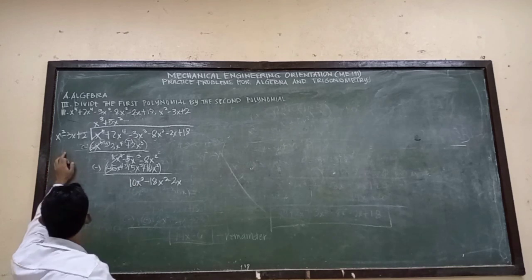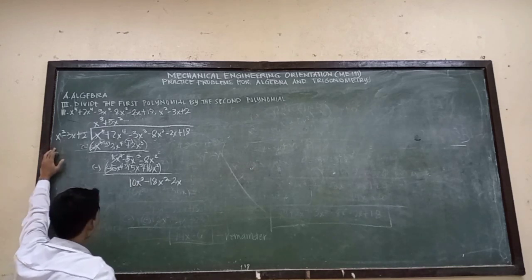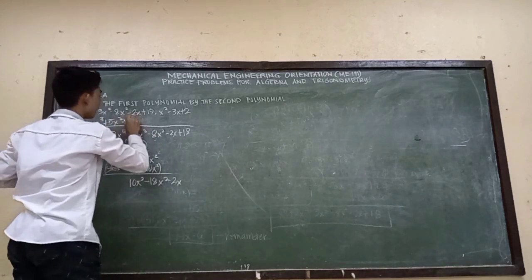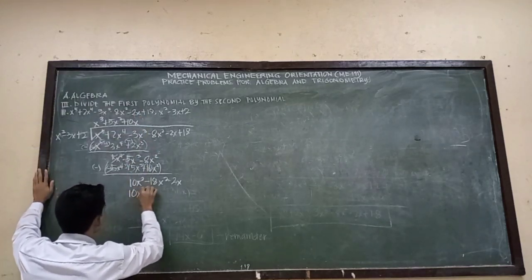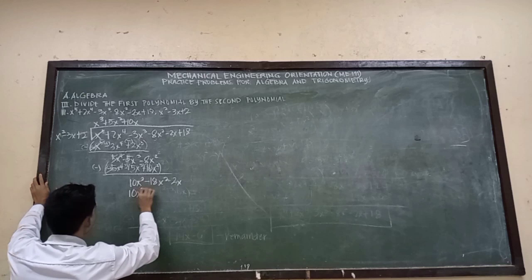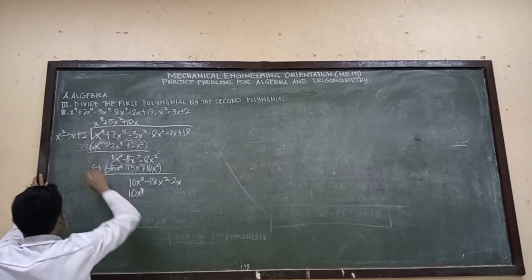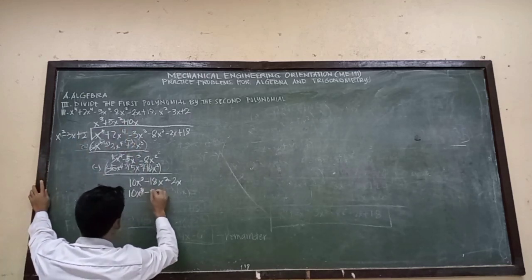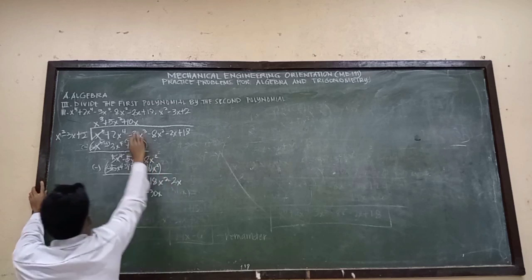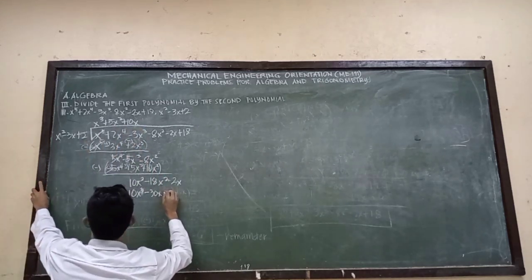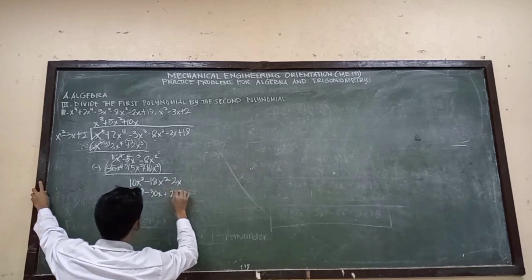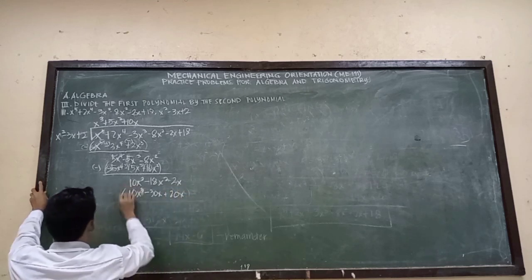10x cubed divided by x squared will give us positive 10x. 10x times x squared is 10x cubed, and then 10x times negative 3x will give us negative 30x squared, and then 10x times 2 will give us positive 20x.